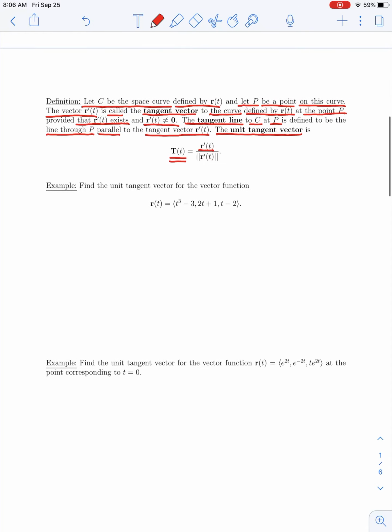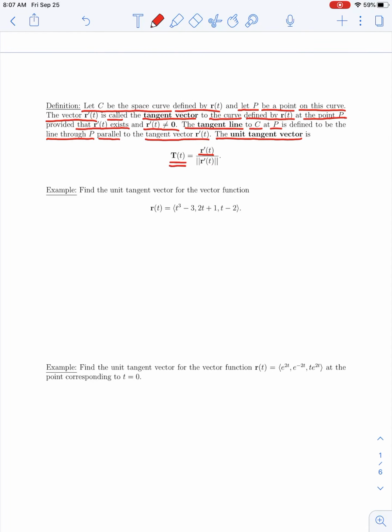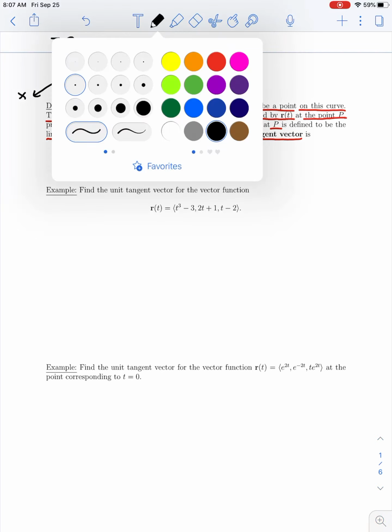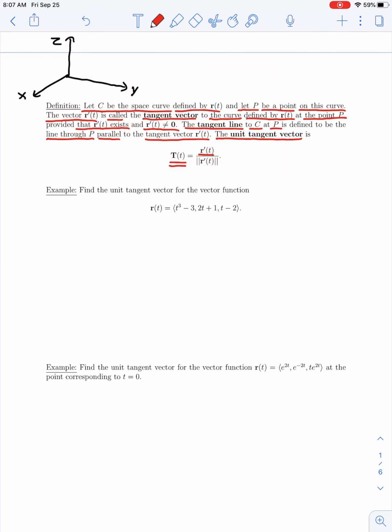So to illustrate this a little better, let's suppose that we have some space curve, I'll call it C, which is traced out by my vector function.